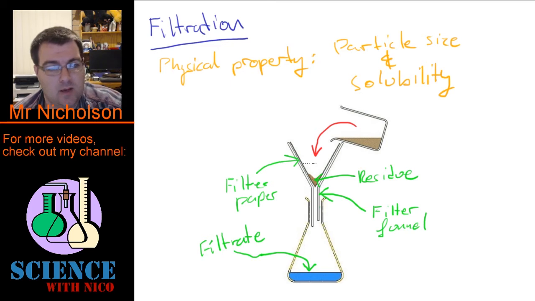Now the filter paper is porous. It has a series of small holes that will allow the liquid component of the mixture, known as the filtrate, to pass through along with any dissolved solids. That's where solubility as a property comes into this. The filter paper, having small pores, will only separate material as long as it is larger than those small holes.